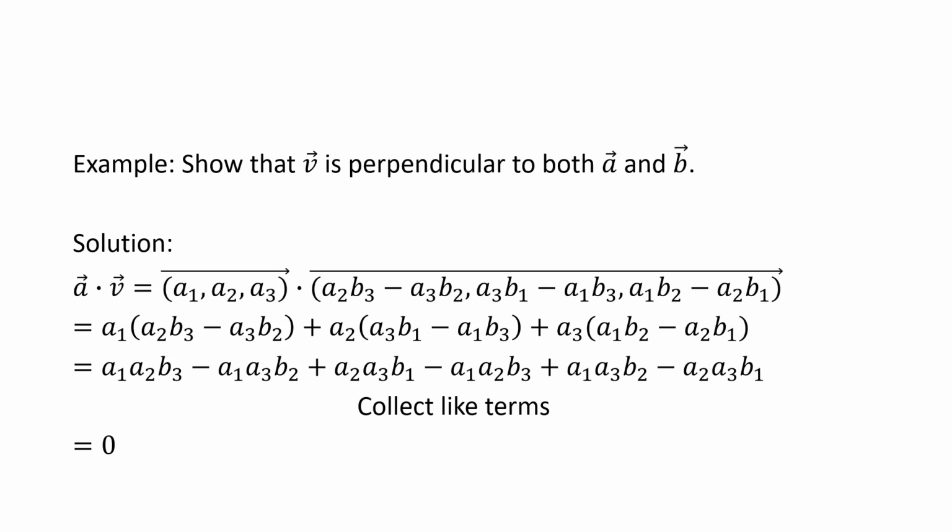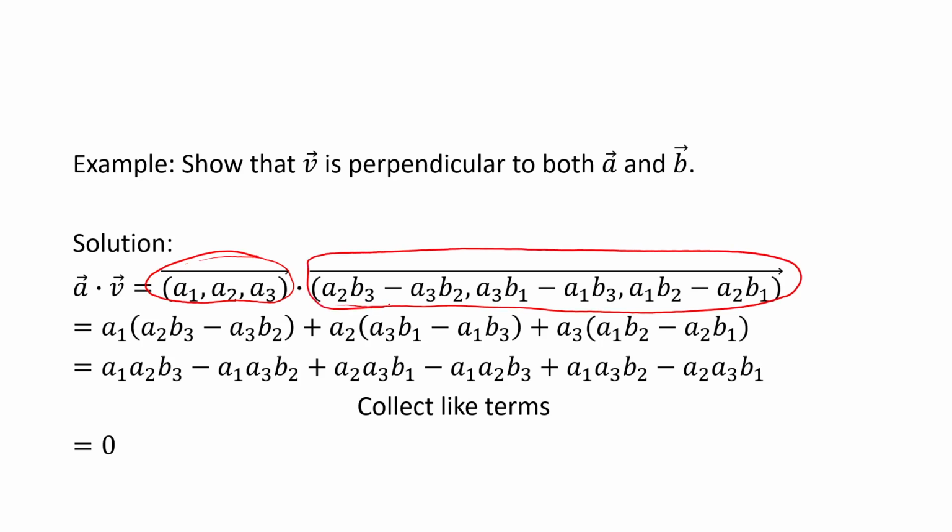Now, if you want to show that v is perpendicular to both a and b, it's actually a pretty simple process. Just determine the dot product of a with that vector, a dot v. If you do that, you'll get a1 times (a2b3 minus a3b2) plus a2 times (a3b1 minus a1b3) plus a3 times (a1b2 minus a2b1).